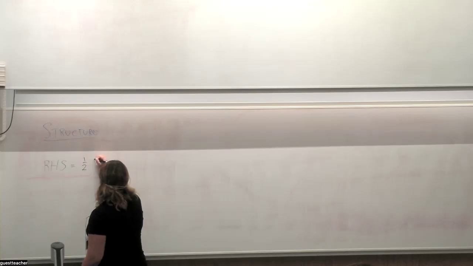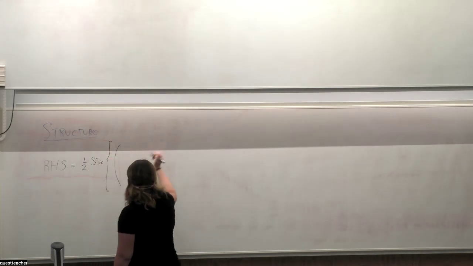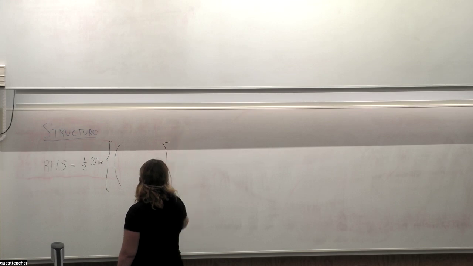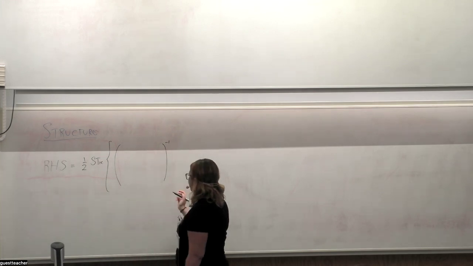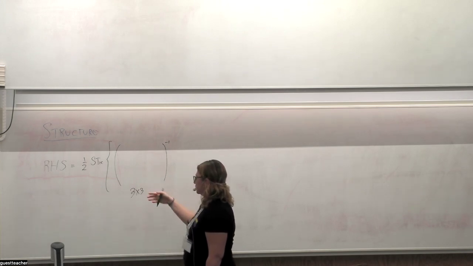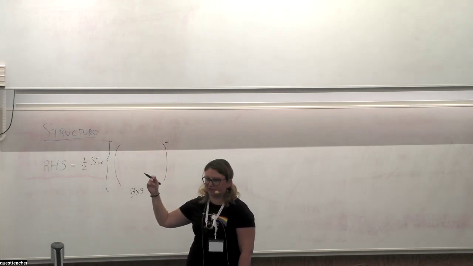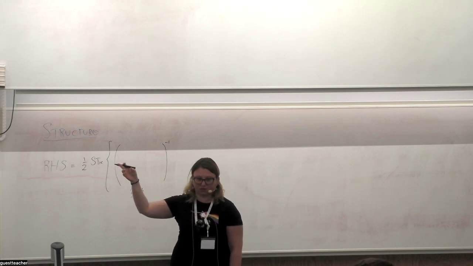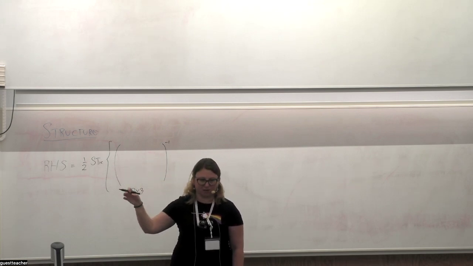So we have here our 1/2 super trace. And what we have here exactly to invert in principle is a 3x3 matrix, because we have 3 entries for the fields. We have the H, the graviton fluctuation, we have the C and the C bar.